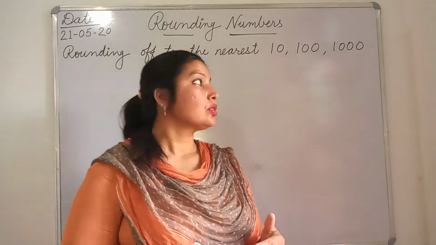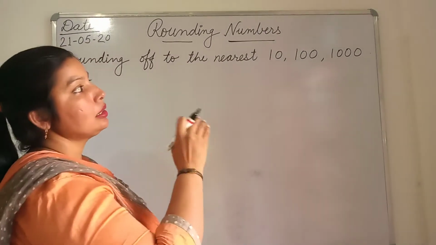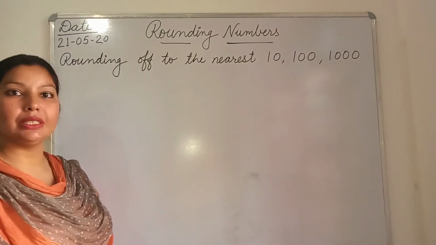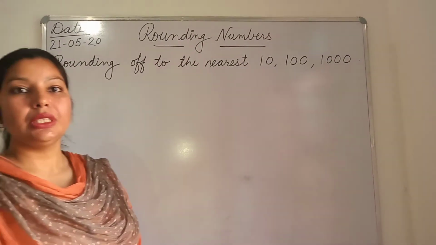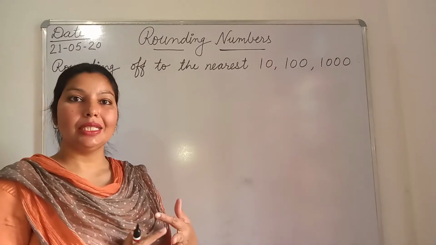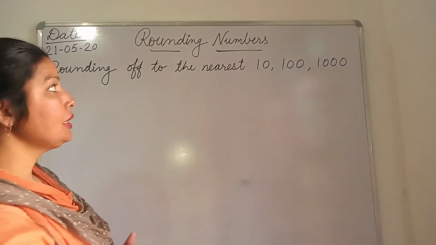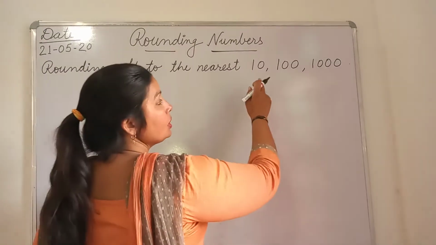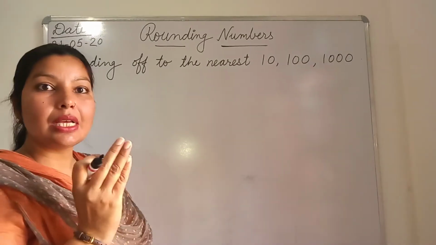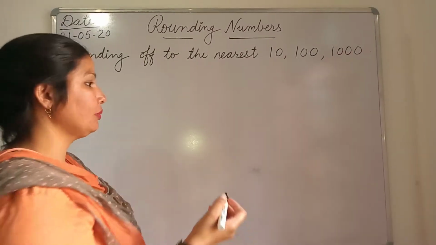So there is rounding off to the nearest 10, 100, 1000. How will we find the closest number? For that there are some rules. We should follow those rules and then we can find rounding numbers. In rounding of tens we always have ones column 0, like 10, 20, 30, 40.